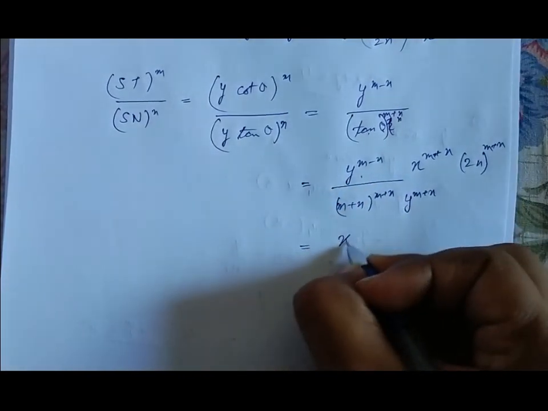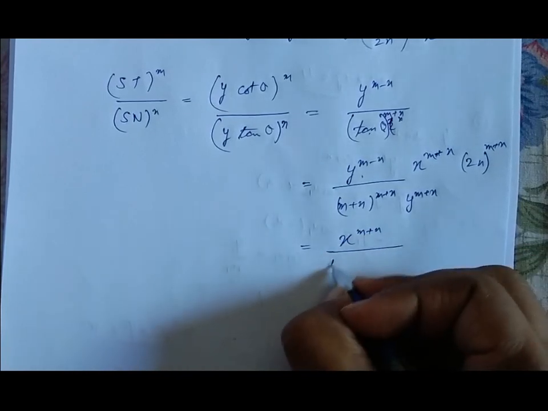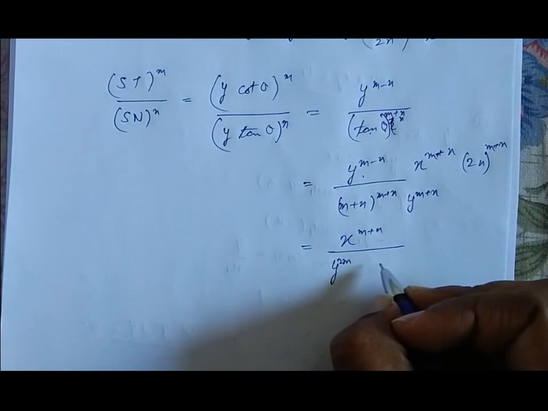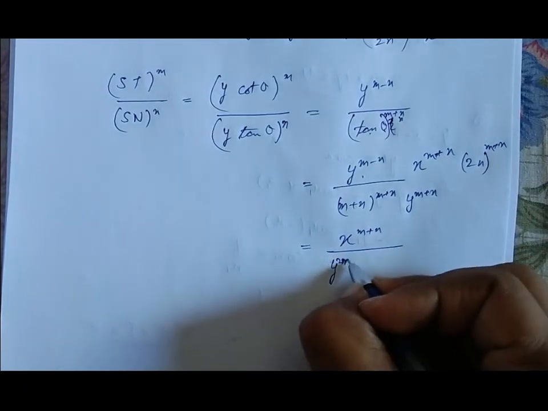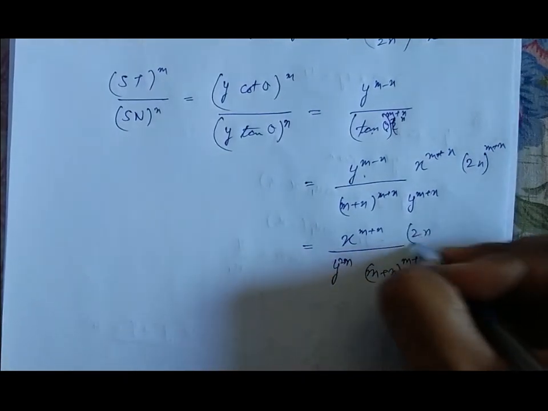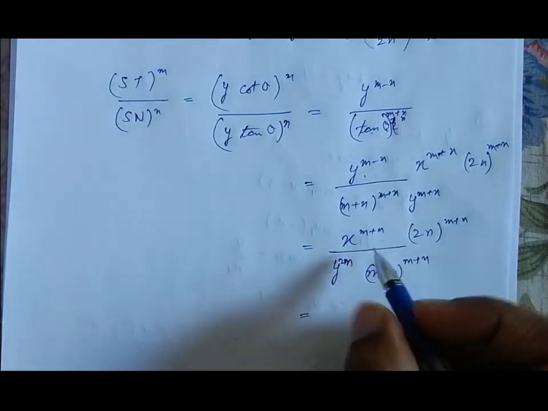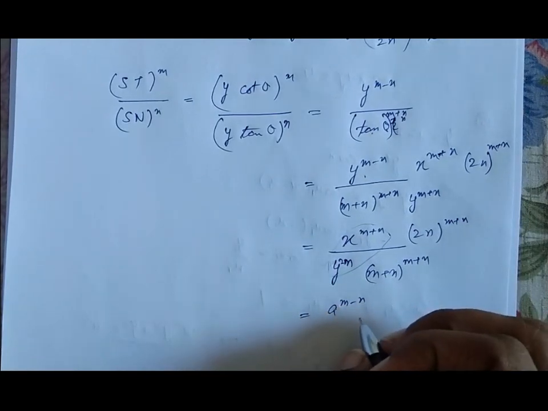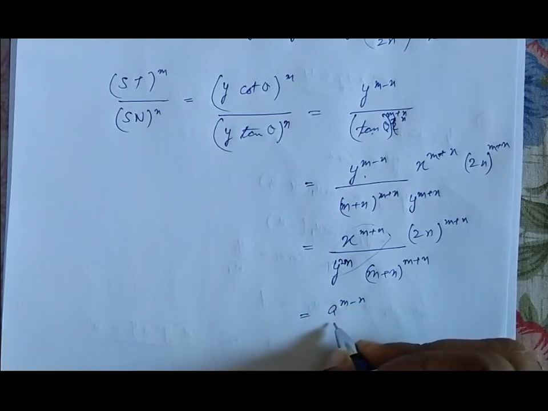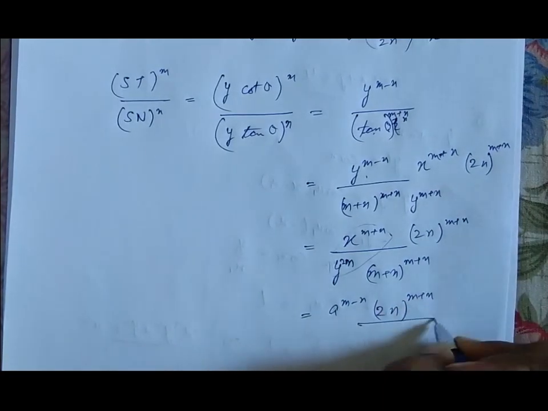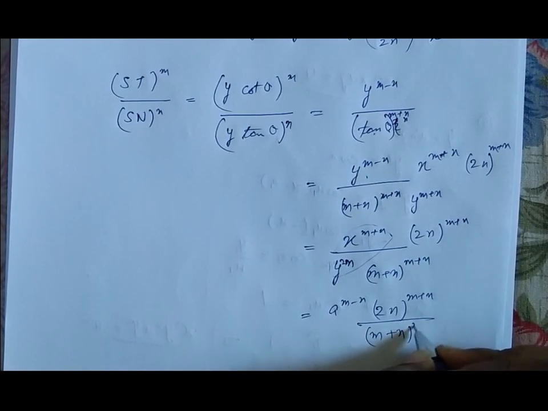y power m plus n, x power m plus n, and 2n power m plus n. So this will be x power m plus n upon y power 2n and m plus n power m plus n, 2n power m plus n, and this again would be a power m minus n, a power m minus n, 2n power m plus n upon m plus n to the power m plus n.